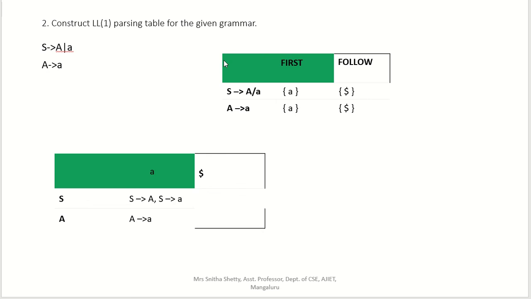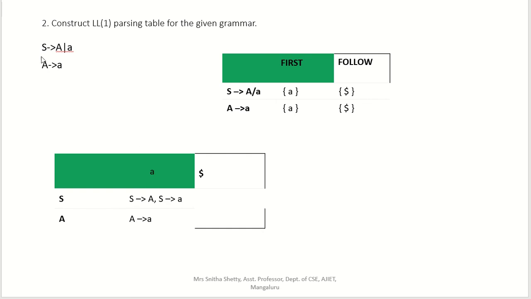Look at the first production, S gives A. There are two productions: S gives capital A and S gives small letter a. Let us look at the first one, S gives capital A. When S gives capital A, you should see first of A. First of A is small letter a. So can I place the production here? Yes, S gives capital A, and first of A is a, so I'm placing it here.